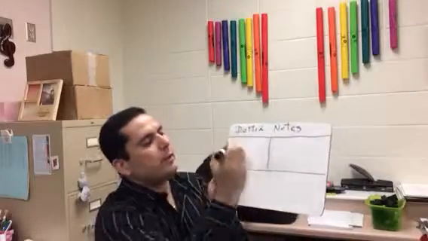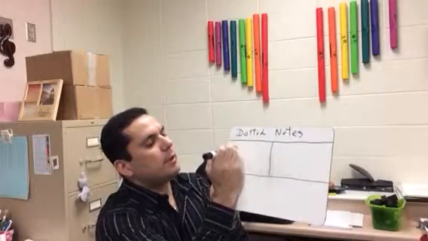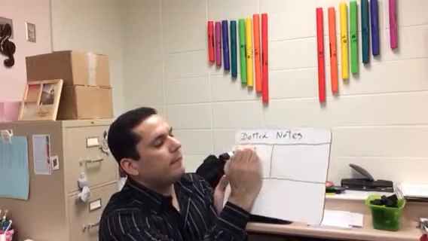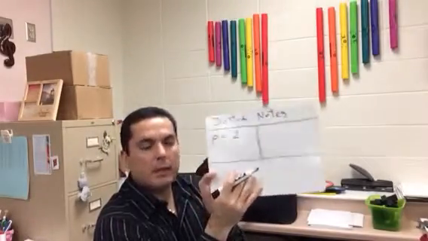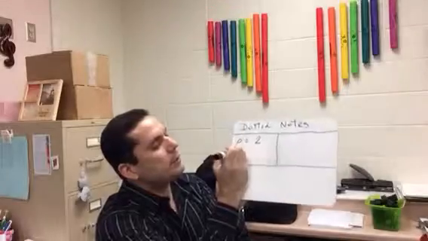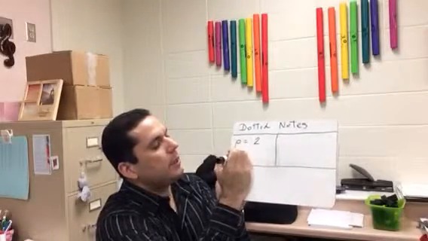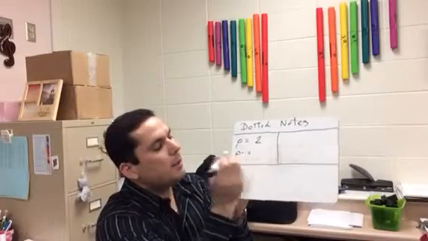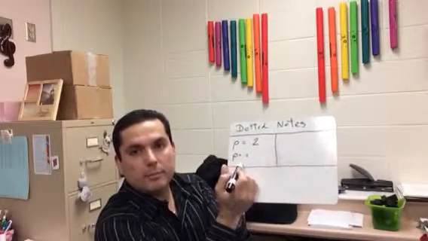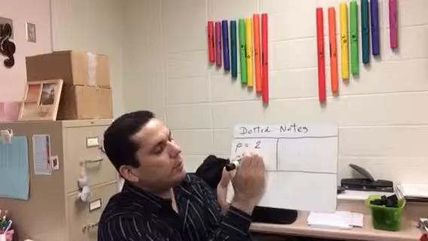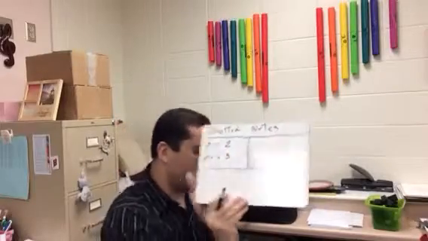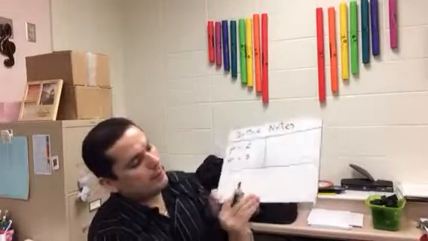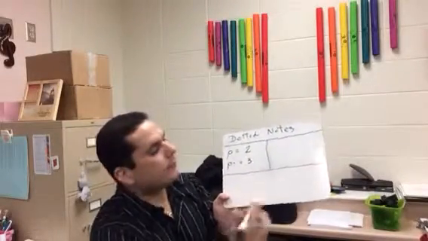So as we know already, and please copy this, half notes like this are 2 beats long. When you have a half note like this one and you add a dot, this dot adds one more beat to the half note. So it becomes 3 beats long. And we're going to go down here and try to understand why.